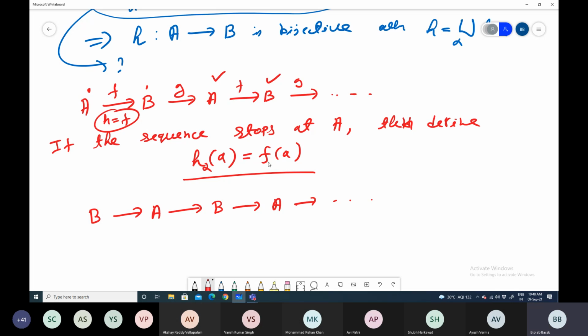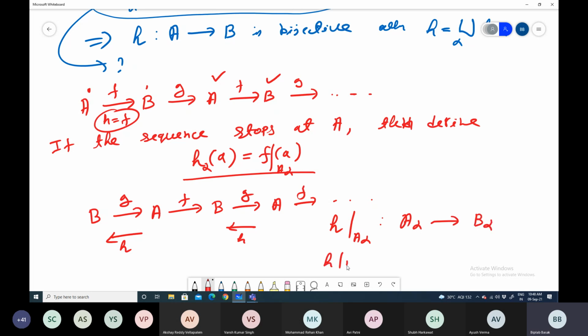So this is your G, this is your F, this is your G, this is your F. Now define H in this way: define H of A alpha from A alpha to B alpha, H of A alpha equal to G inverse of A alpha.